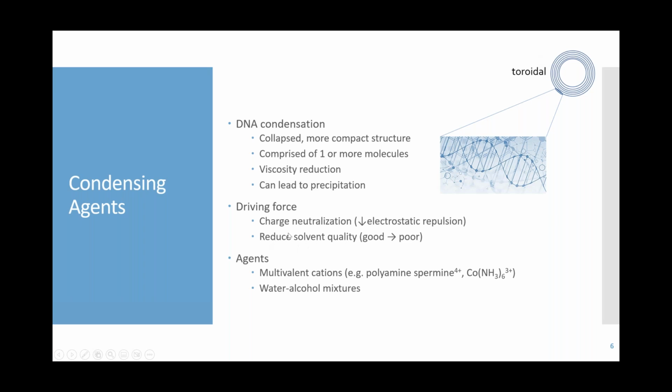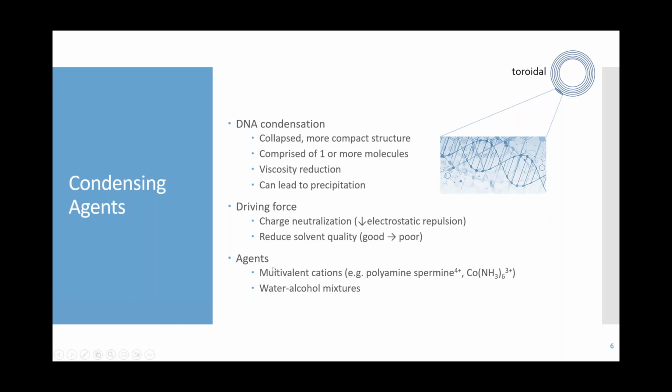Also, if you change the solvent and reduce the quality of the solvent, very similar to thinking with synthetic polymers, in a good solvent the polymer, or in this case the DNA, would be expanded, and as the solvent quality is reduced, and by solvent quality I just mean that the relationship of the backbone segments with the solvent becomes less favorable, as you move towards a poor solvent, that molecule will collapse. So changing the solvent, and not necessarily worrying too much about changing the charge, can also be a driving force to create these condensed structures.